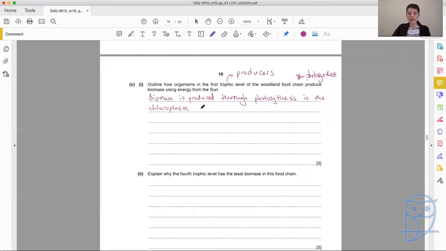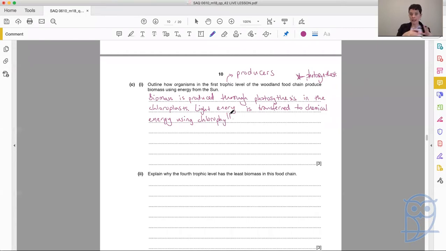So light energy is converted or transferred to chemical energy. How? Using chlorophyll, our green pigment.